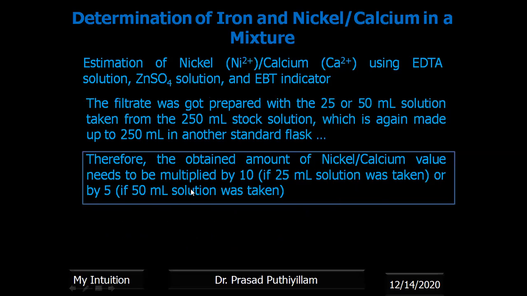If you prepared 50 ml from the stock solution to estimate the iron, then the obtained amount of calcium or nickel needs to be multiplied by 5.